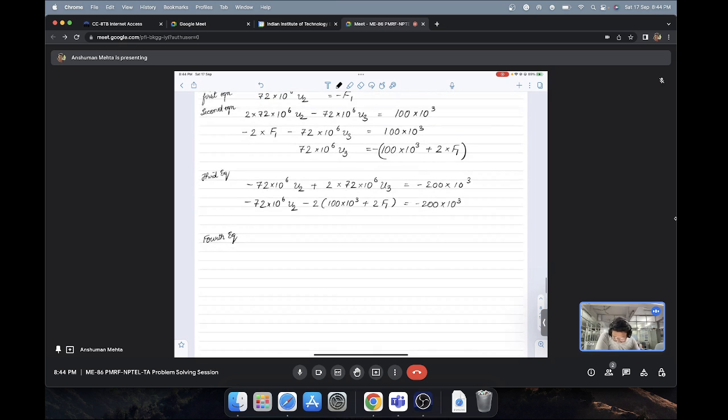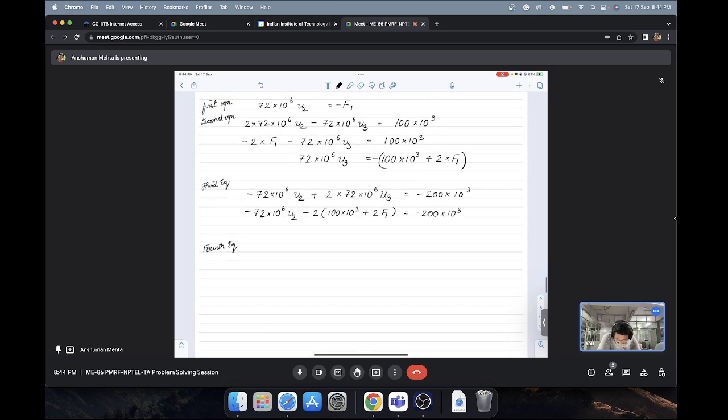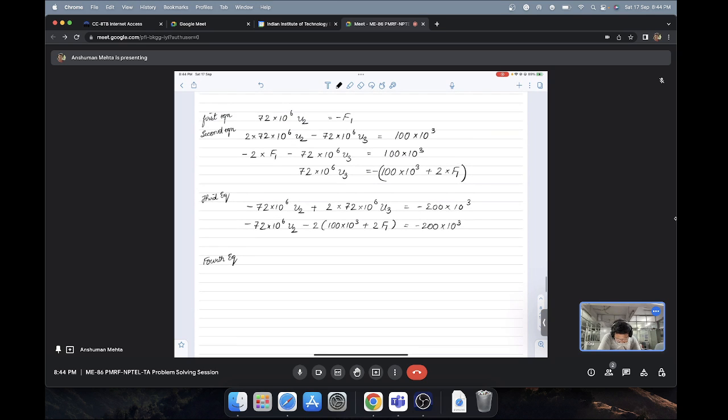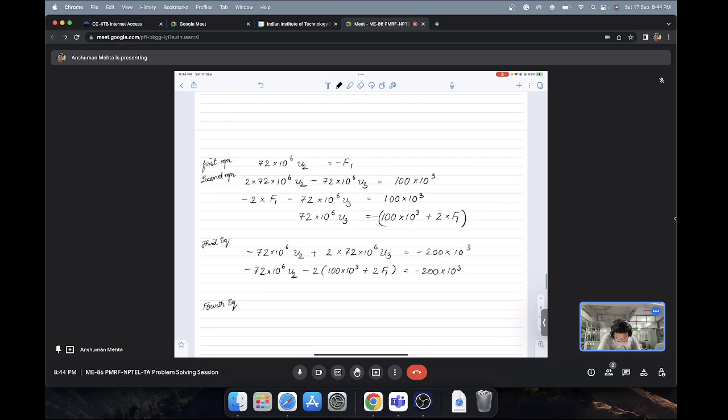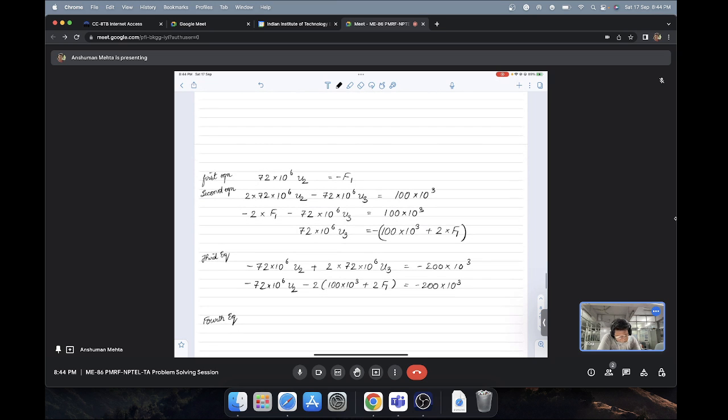So we can convert the value of u2 into f1.